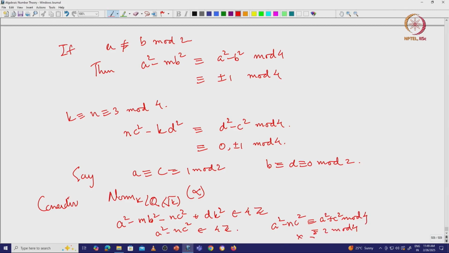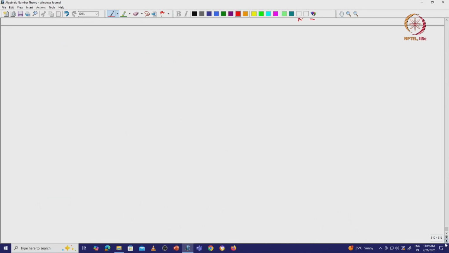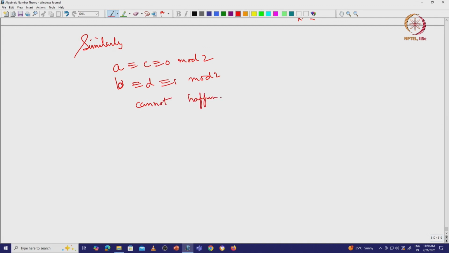Okay, so this case cannot happen, and similarly a congruent to c congruent to 0 mod 2 and b congruent to d congruent to 1 mod 2 cannot happen, right.